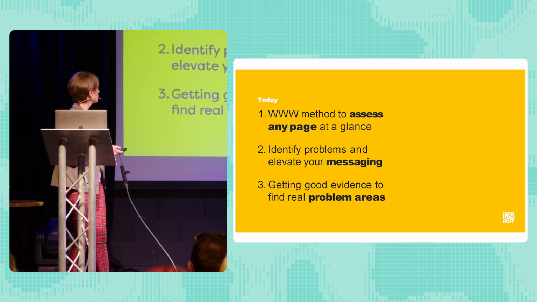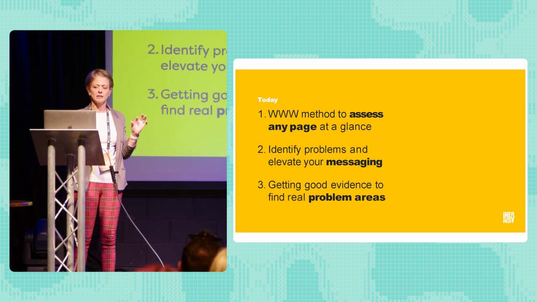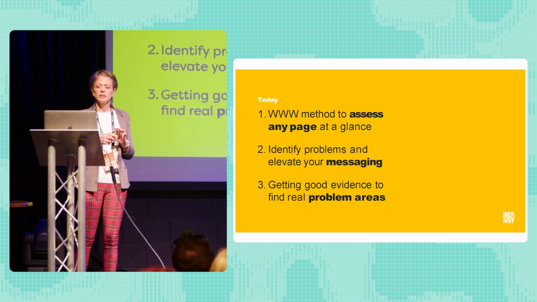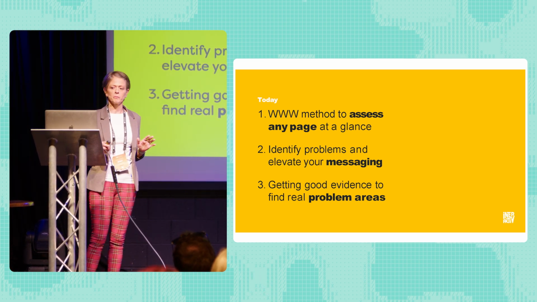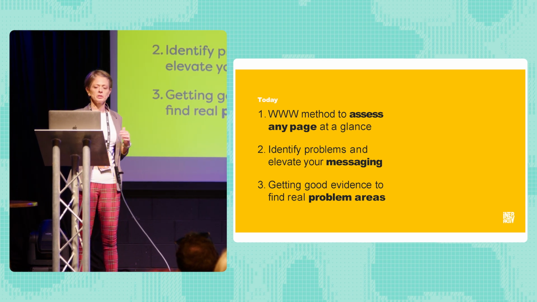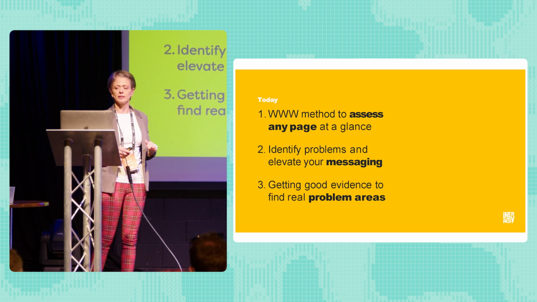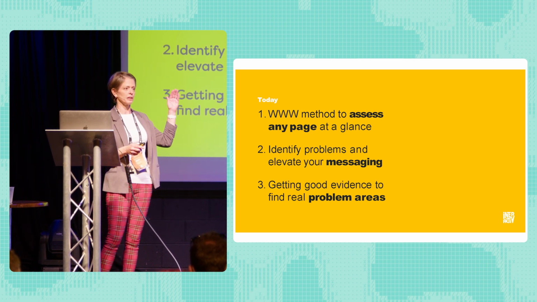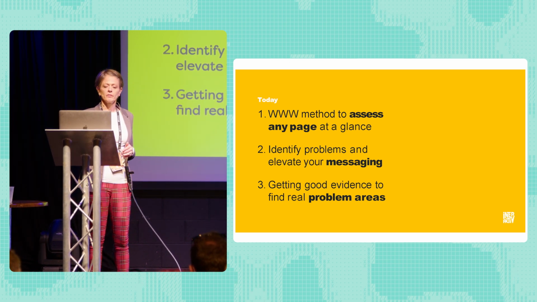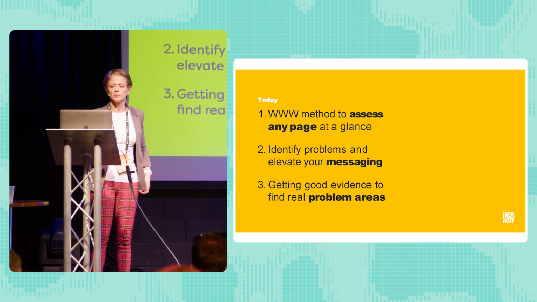So the next thing we'll look at is messaging. In our experience, this is the main area where teams struggle. They just don't know how to frame and pitch their messaging at the right level. We'll talk about techniques to assess the level that your messaging is currently sitting at, and then what you can do to elevate it. And finally, we'll look at how to inform your design, including your messaging, with evidence.